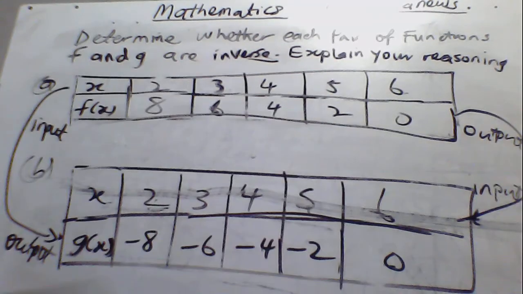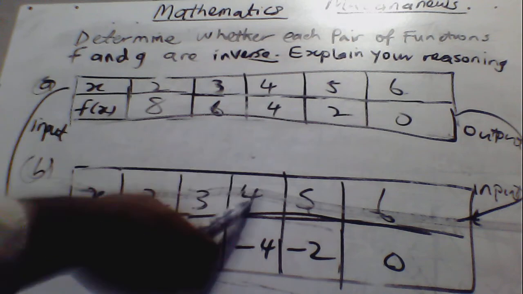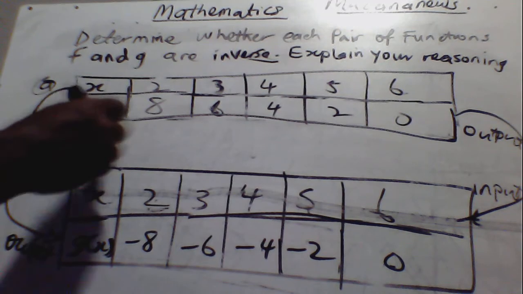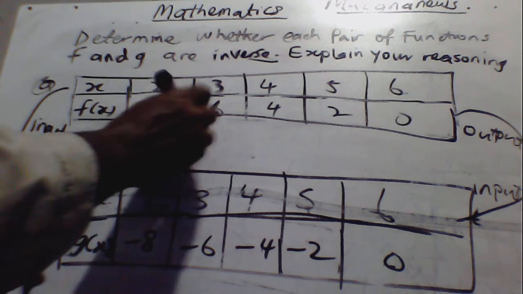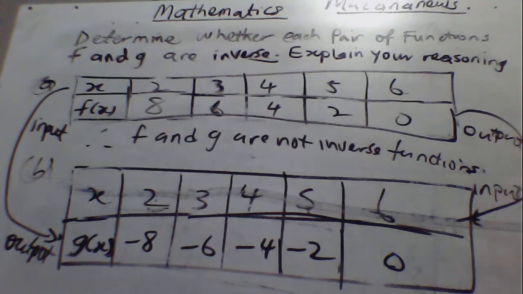Is it equal to the input of the second table? 8, 2, 6, 3, 4, 4, 2, 5. They are not equal. Therefore, f and g are not inverse functions.